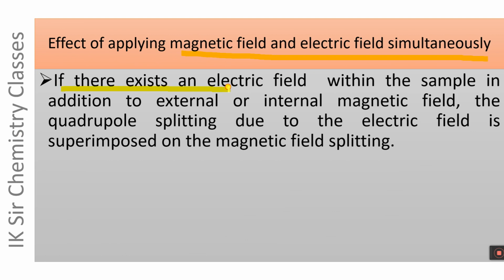If an electric field exists within the sample in addition to external or internal magnetic field, the quadrupole splitting due to the electric field is superimposed on the magnetic field splitting.